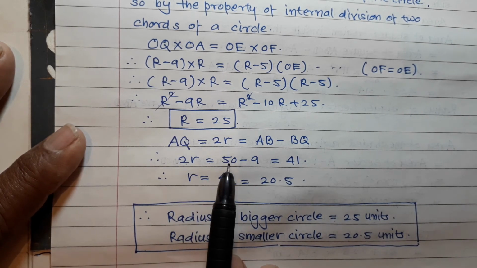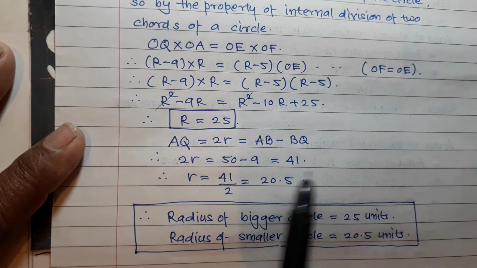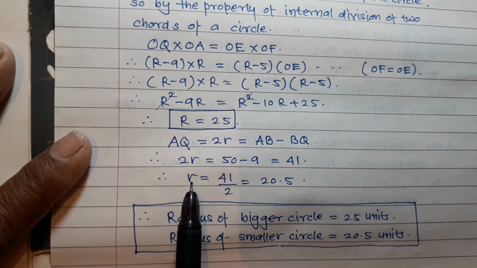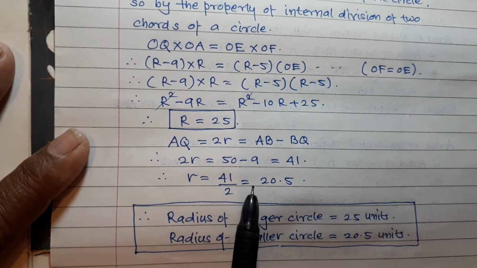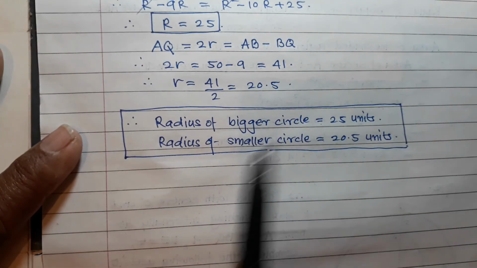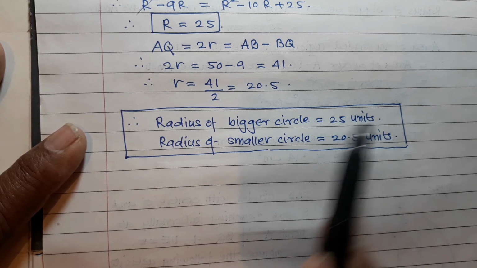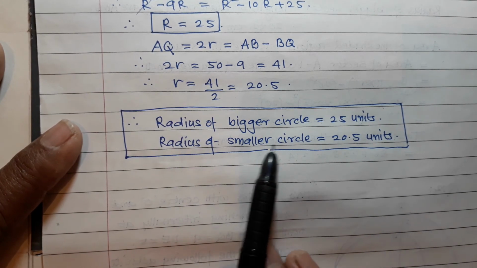So 2r is equal to 50 minus 9, which gives you 41, and therefore r is equal to 41 upon 2, which is equal to 20.5. Hence radius of bigger circle is equal to 25 units and radius of smaller circle is 20.5 units.